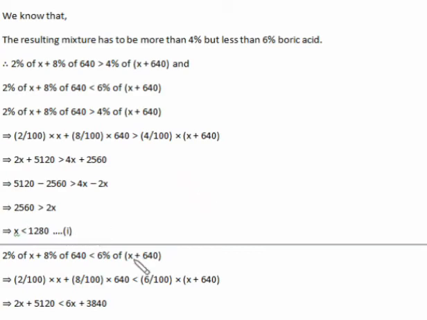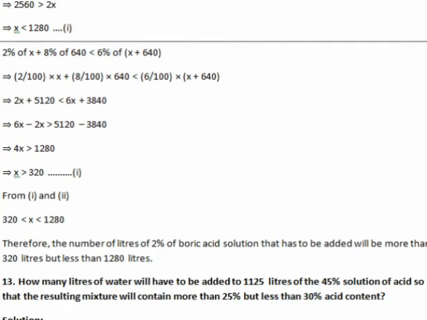The next case is 2% of x plus 8% of 640 is less than 6% of x plus 640. After solving in the same manner we get x is greater than 320. So x lies between 320 and 1280. Therefore the 2% boric acid solution that has to be added will be more than 320 liter but less than 1280 liter.